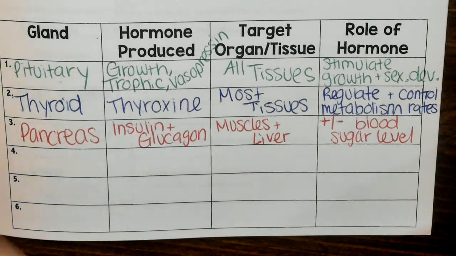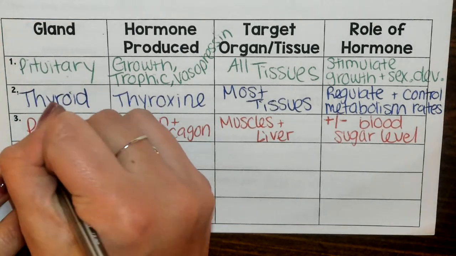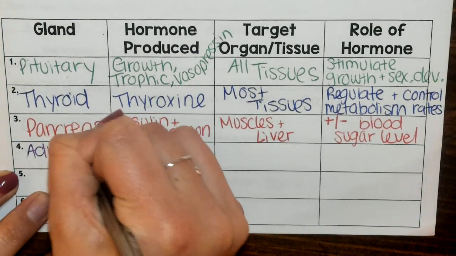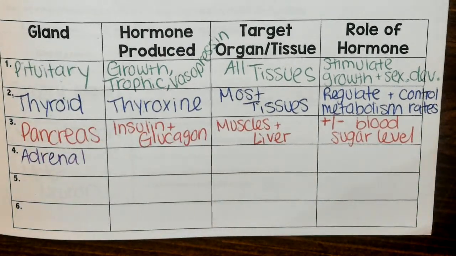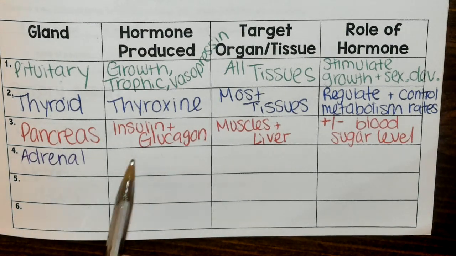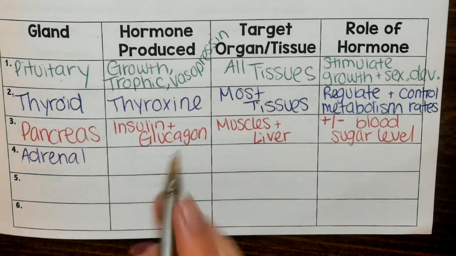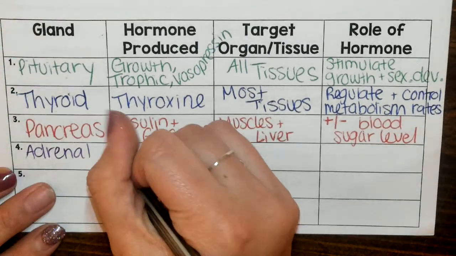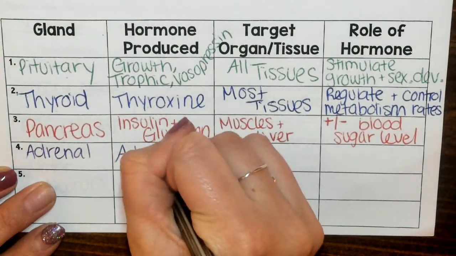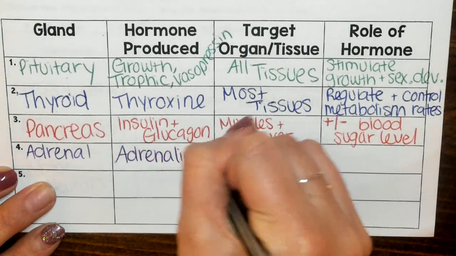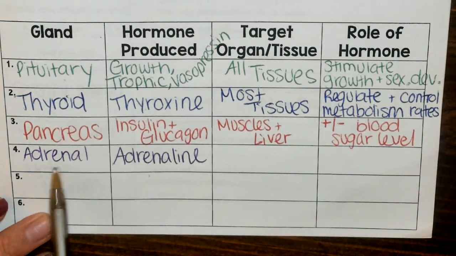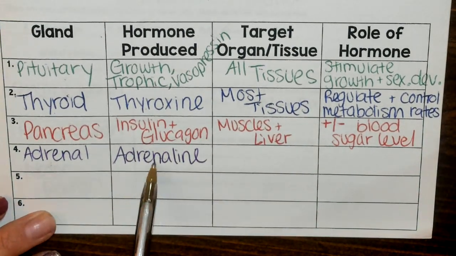Now we'll move on to the adrenal glands. Remember you have two of them, and they produce adrenaline. You can kind of see where the word adrenaline got its name. It's from the word adrenal.